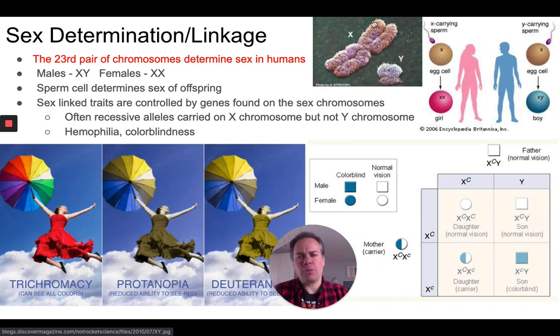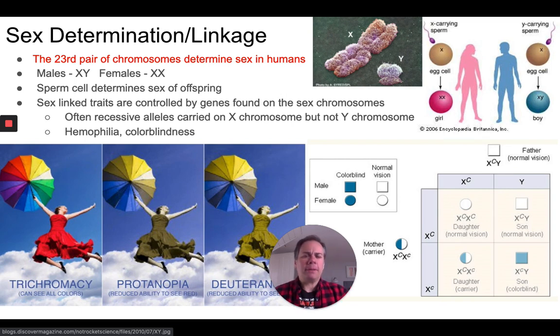The chromosomes are different. The Y chromosome is a tiny piece of chromosome that carries very little genetic information. The X chromosome is much larger and carries more genetic information. So sex-linked traits are often carried on the X chromosome, and they're often recessive, but the Y chromosome does not carry those sex-linked genes.